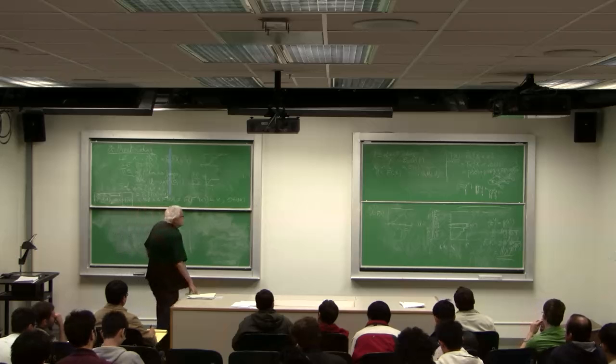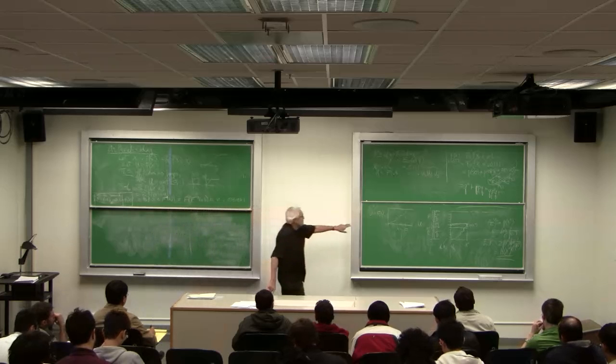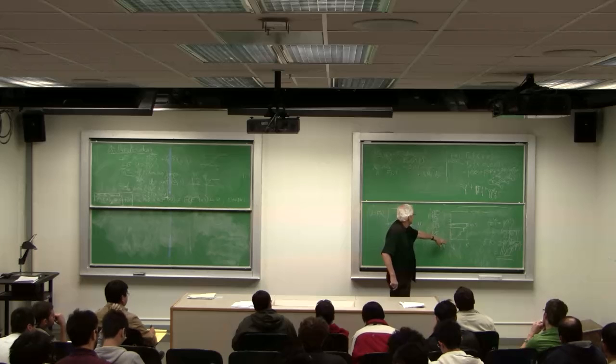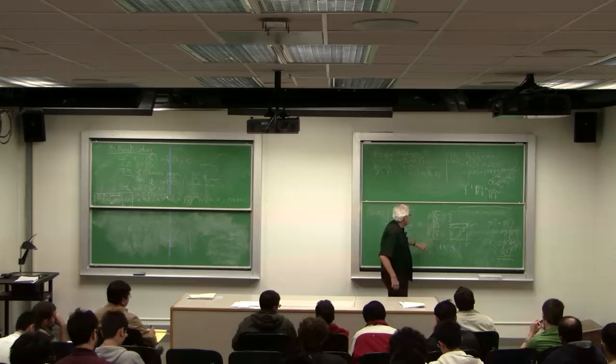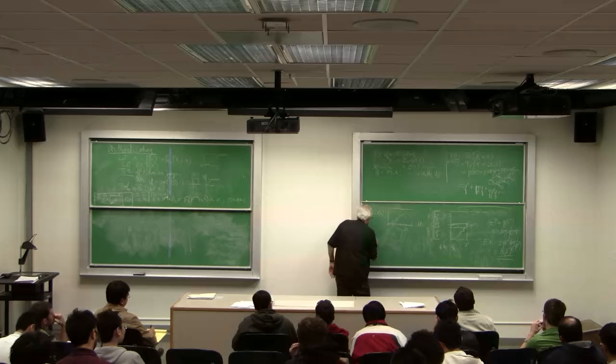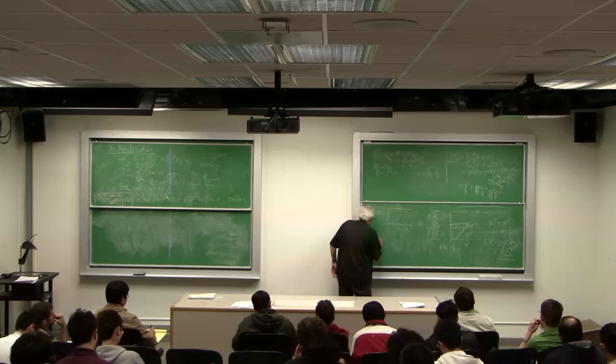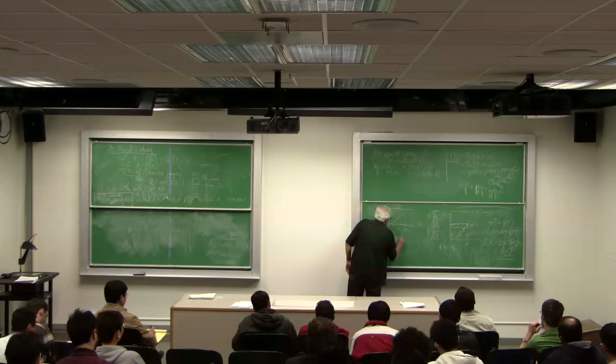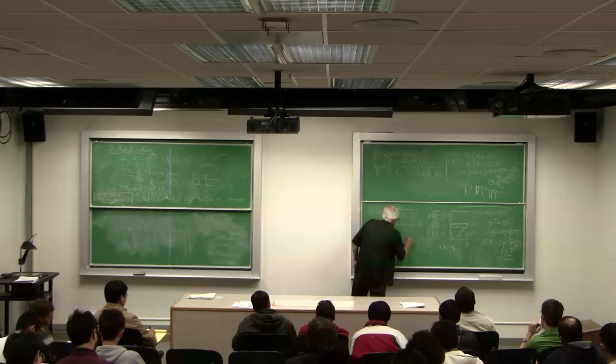Is the method easy to implement? Yes, because you can do it sequentially. In fact, I can write an expression for F of x, at least in the Bernoulli case. F of x is a summation of 2 to the something times x sub i.